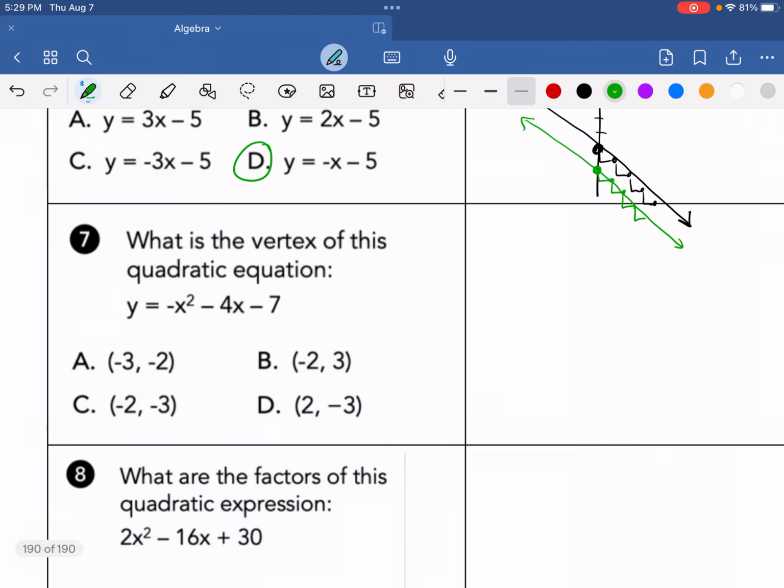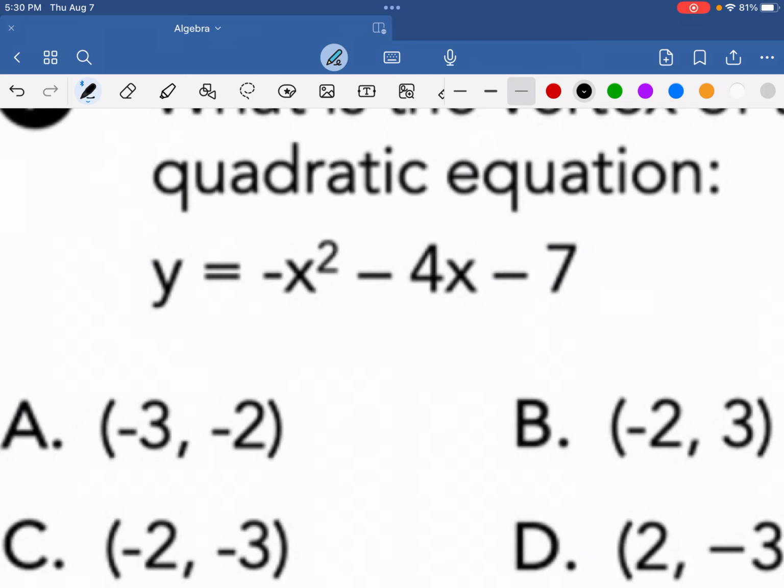What is the vertex of the quadratic equation? So for vertex, you would have to remember, if you were doing it with algebra, the vertex formula, which is -b over 2a. So a is the number in front of x squared, which is -1, b is -4, and c is -7.